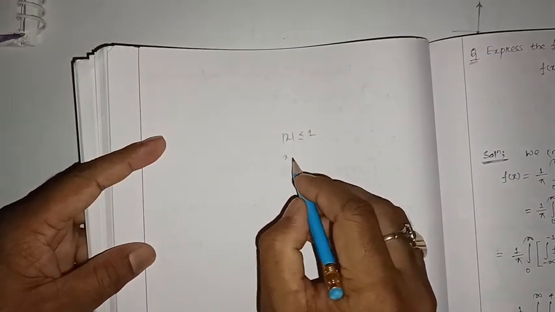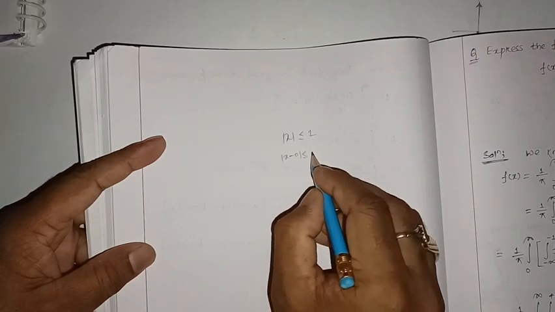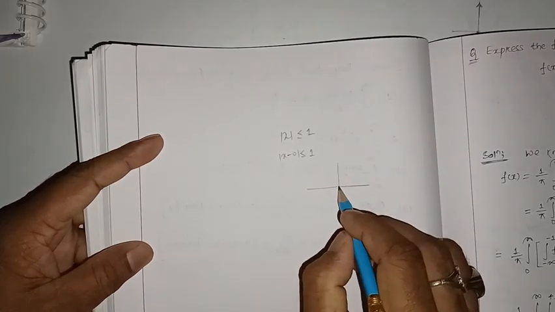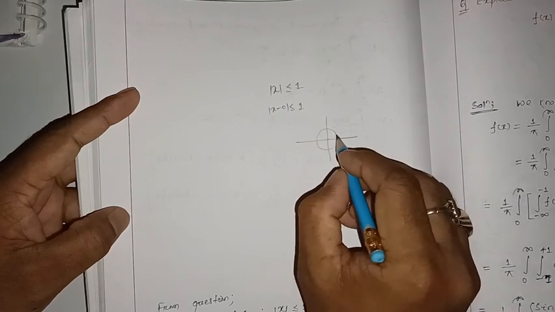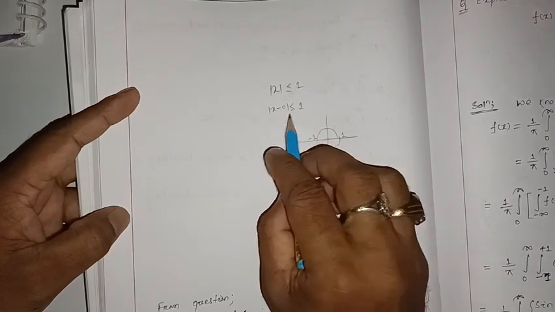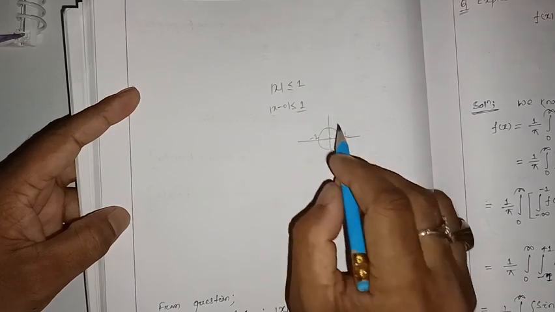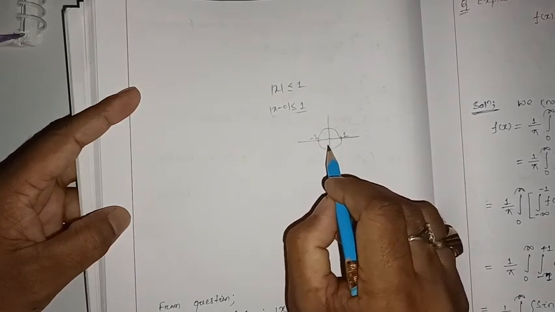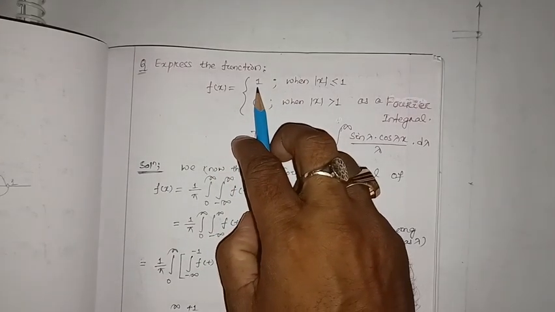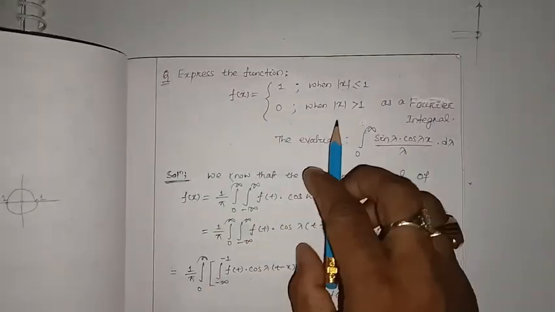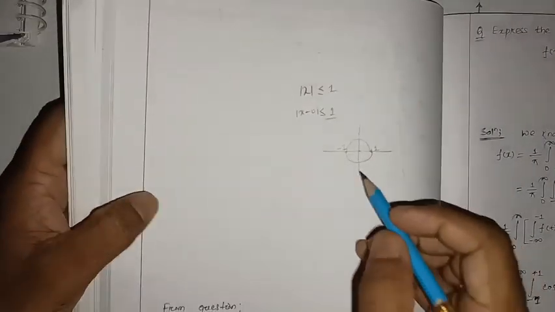That means this is the equation of x minus 0, mod less than 1, so the center is at 0 and its radius is 1. Radius 1 means here 1 and here minus 1. So the limit is minus 1 to 1. It is given that between minus 1 to 1 this value is 1, and beyond that, from minus 1 up to minus infinity and from 1 up to plus infinity, the value is 0.